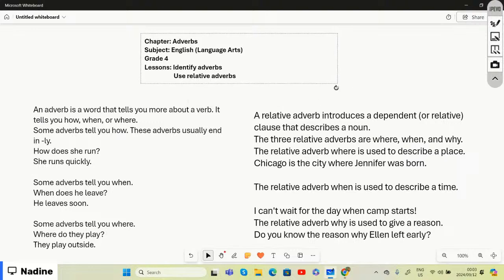All right, so we're doing adverbs. Our chapter is adverbs. Our subject is English language arts. Grade 4.